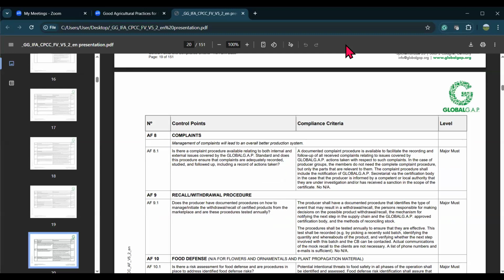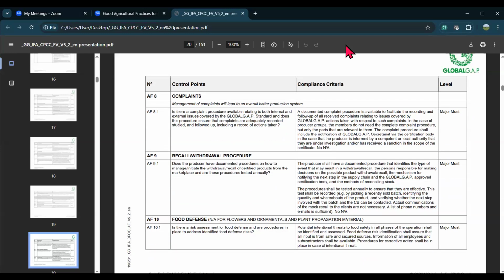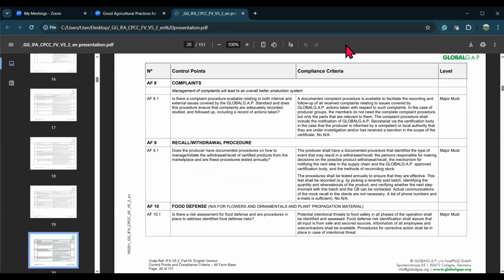And of course, this also brings us to food defense. Because we understand that it's possible that there are people who can always come and attack your farm. You can always do some things to come and, if not attack your farm, at least maybe attack the people who are buying from you or whatnot.